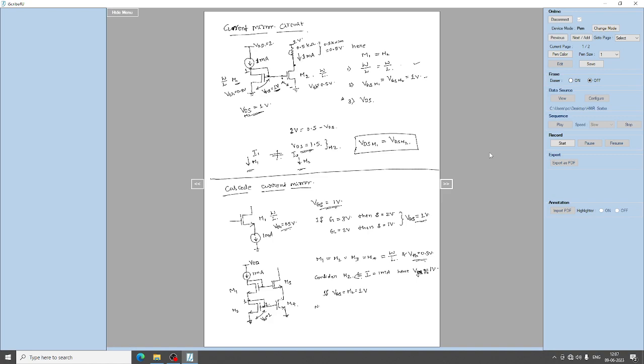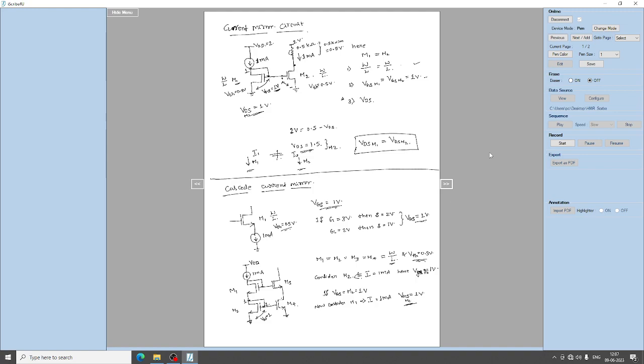So now consider M1. What is the current flowing through M1? It is again the same 1 milliamp. Since 1 milliamp is flowing through transistor M1 and it has the same W by L and threshold voltage, VGS of M1 should also be adjusted to 1 volt. Understood the point?